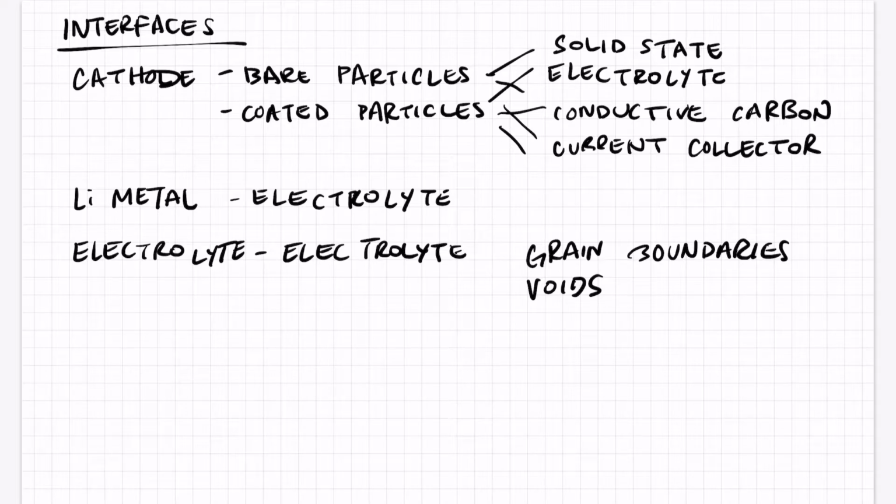So already you can see there's a lot for us to consider. There can also be grain boundaries within the cathode itself, and maybe some voids, but we'll focus more on the grain boundaries and potentially cracks within the particles, especially when you start cycling your cell. These cracks can form over time. So you can see there's quite a number of interfaces that we need to keep track of.